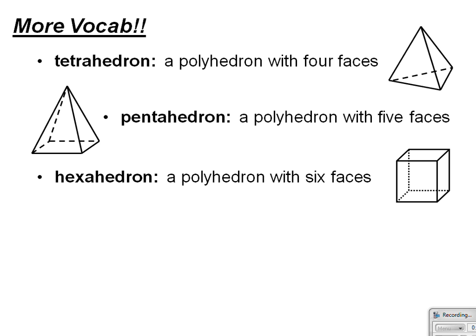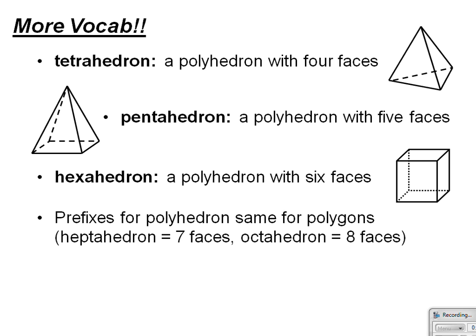You'll notice a pattern forming here. Except for tetrahedron, which actually uses the prefix tetra instead of quad, all of the other polyhedra actually have prefixes that are the same as for polygons. Remember how an octagon is a polygon with 8 sides? Well, an octahedron is a polyhedron with 8 faces.